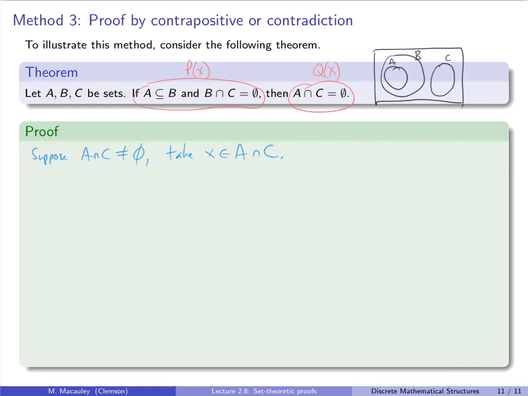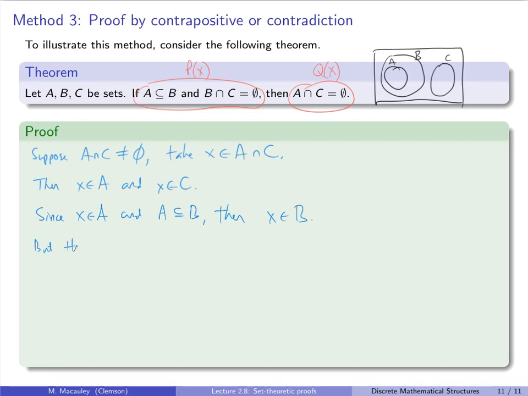Let's write this down. Then x is in A, and x is in C. Well, if x is in A, then it has to be in B. So since x is in A and A is contained in B, then x is in B.